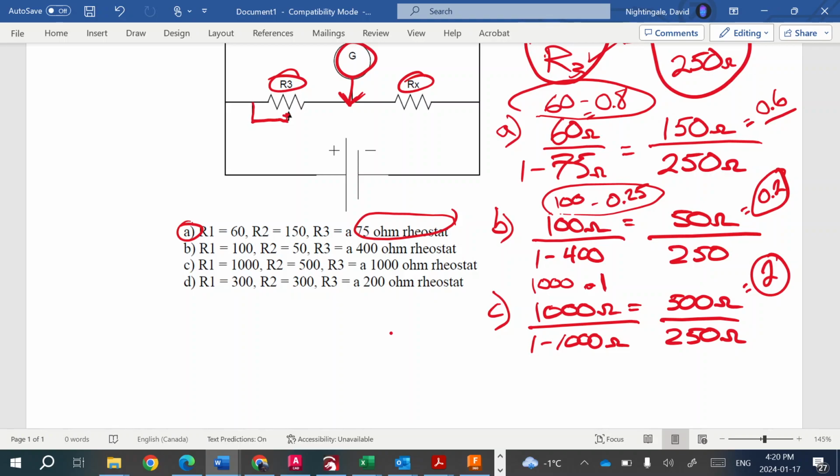So we could use this combination of resistors and a rheostat to be able to balance this circuit with the 250 ohm resistor as our mystery resistor. So the answer here would be C. And if you were to try to figure out D, you would again determine that the ratio of R2 and Rx does not fit inside the range of ratios of R1 and R3.